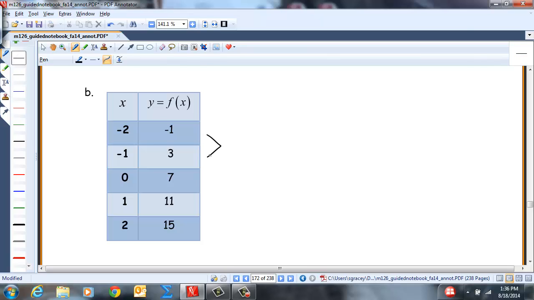And we'd be finding the slope. So 3 minus negative 1 over negative 1 minus negative 2. So that would give us 4 over 1, which is 4, because negative 1 plus 2 is 1.